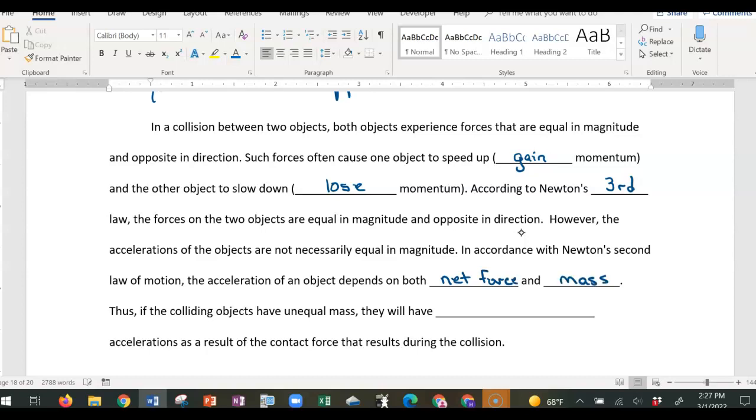So therefore, if the colliding objects have unequal mass, they will have unequal accelerations, right? Their accelerations will not be the same as a result of the contact force that results during the collision.